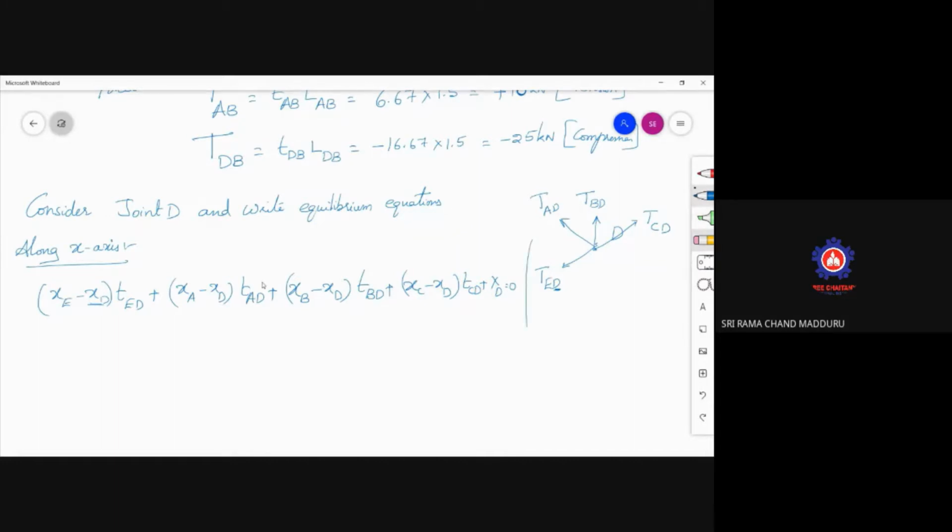There is no external force acting at D either on the x-axis or y-axis, so this term will become 0.